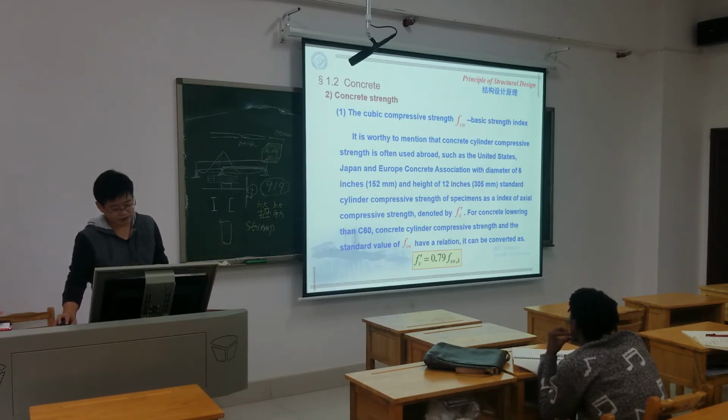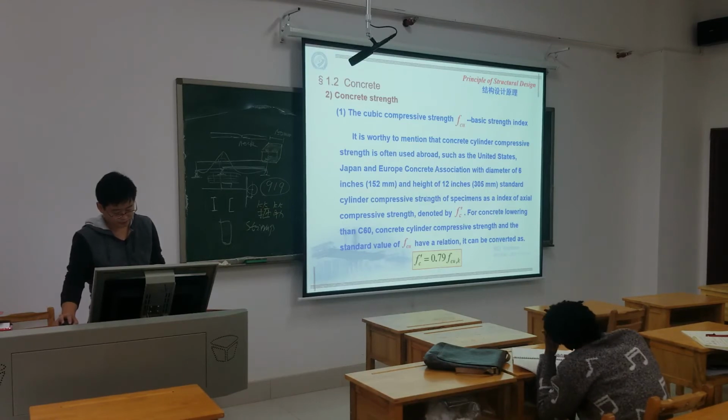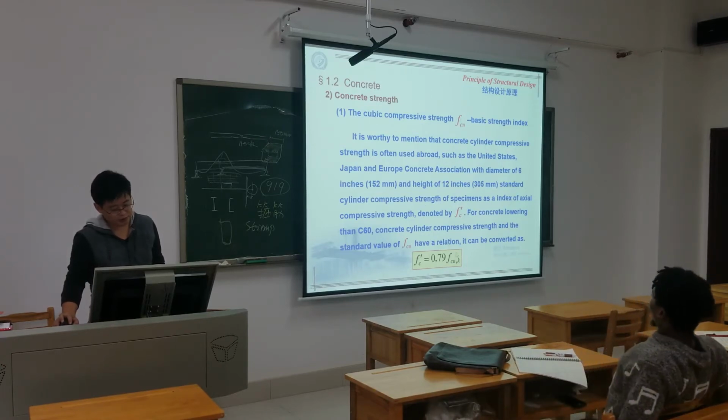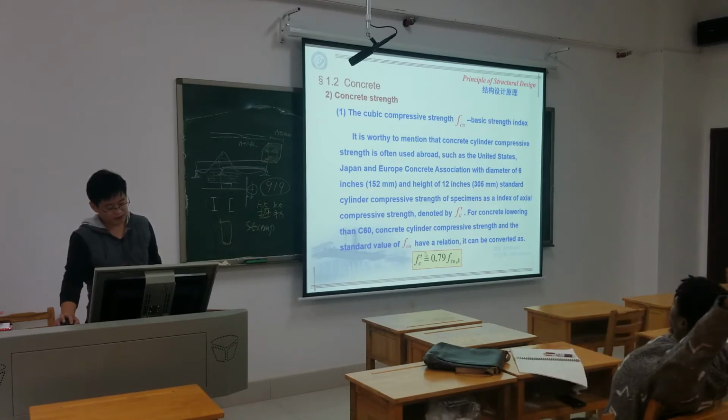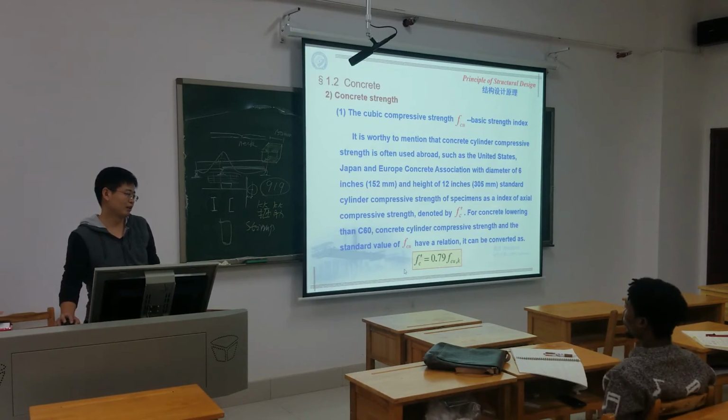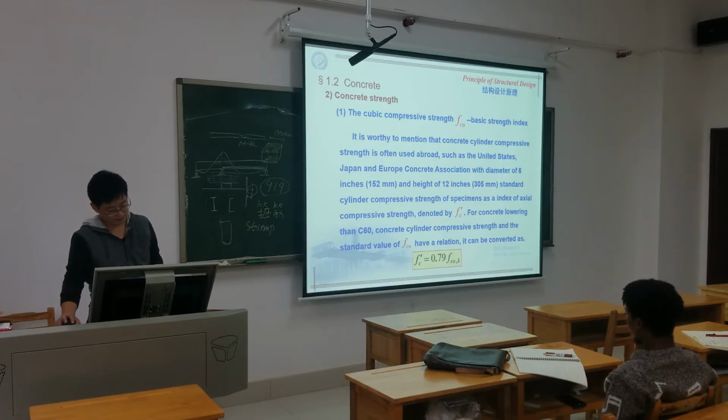So here is the cylinder compressive strength. And the cylinder compressive strength and the cube compressive strength have this relation: fc prime equals 0.79 fcu.